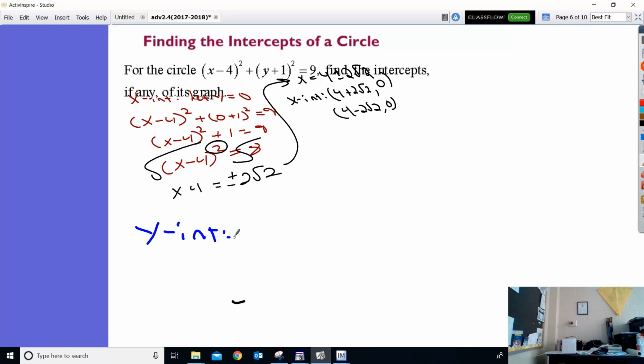Brendan says let x equal 0. Well, nice and quiet. And this is basically going to be the same exact steps and procedures. It's a little bit different. It's not going to be hard to do. So we're going to do (0 minus 4) squared plus (y plus 1) squared equal to 9.